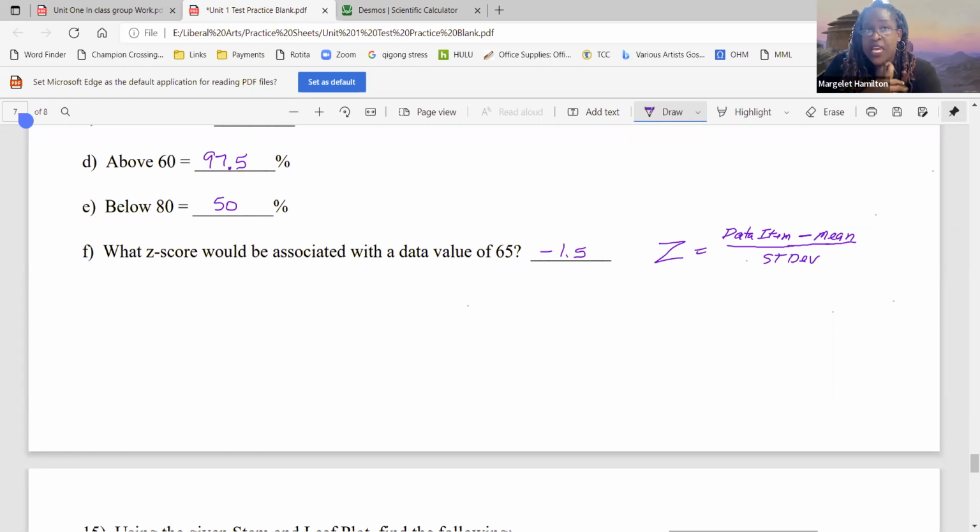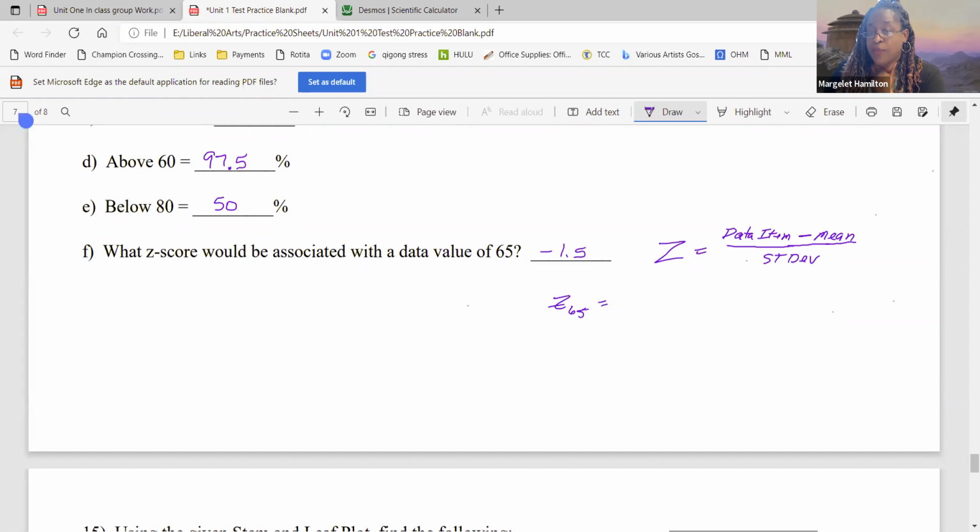It might be 1.275, and you can't see that when you're drawing it by hand. So you're going to need to use the formula then. If they're asking what z-score is associated with the data value of 65, they're asking you to find z of 65.